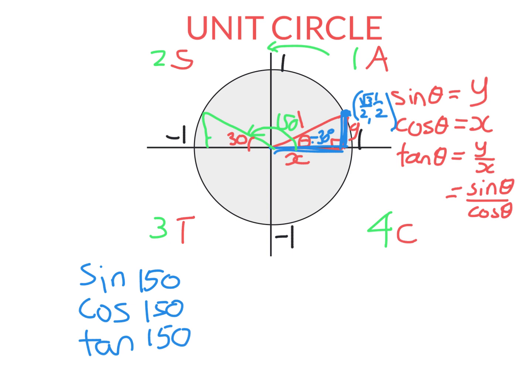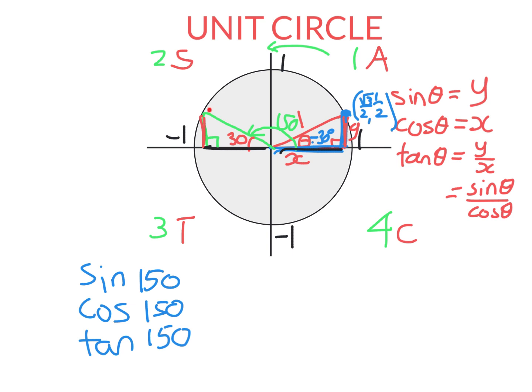So if I draw a triangle here, notice that the green and the red triangle would have to be congruent. So what it means is this distance here will be the same as this distance there. It also means this distance here and this distance here would have to be the same since the triangles are congruent.